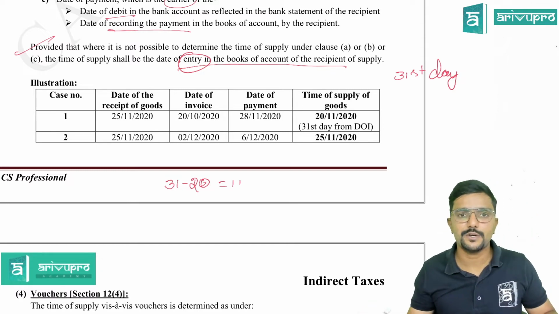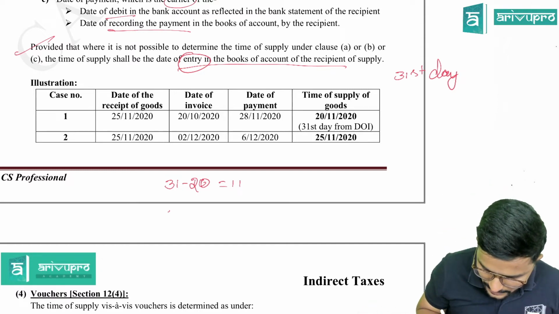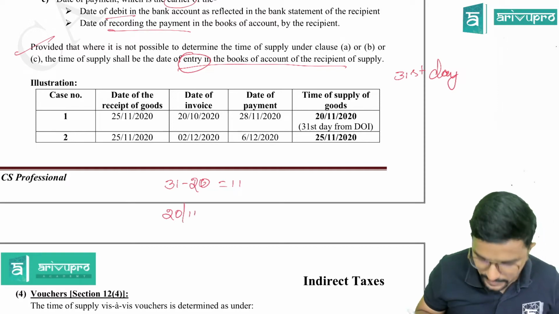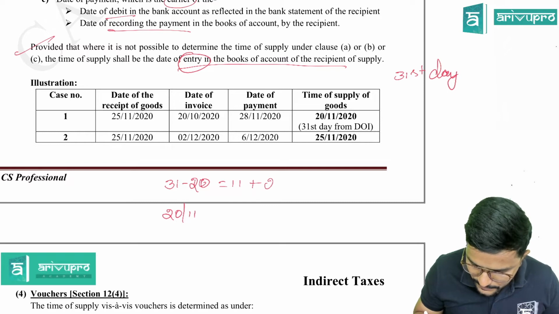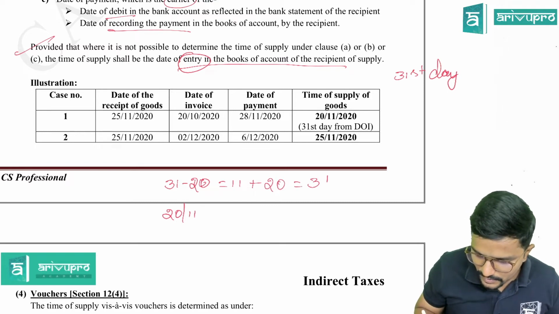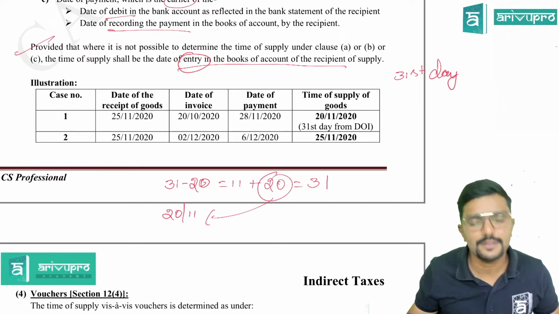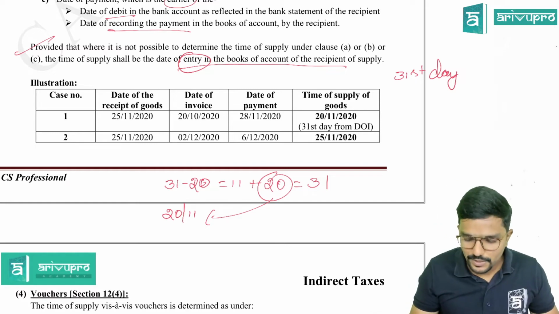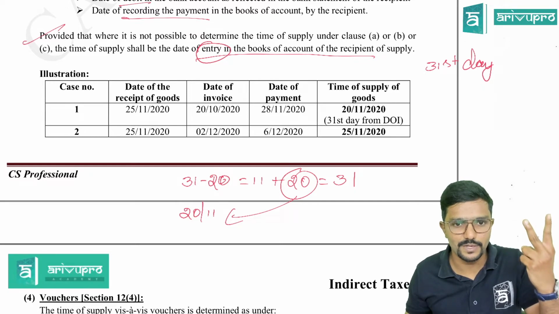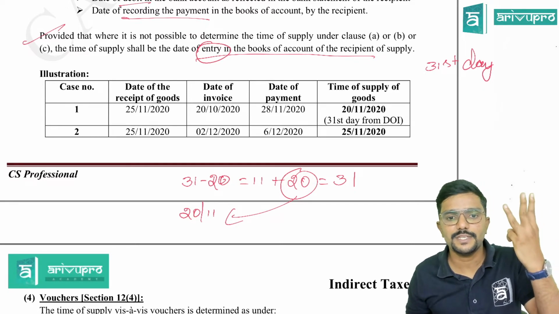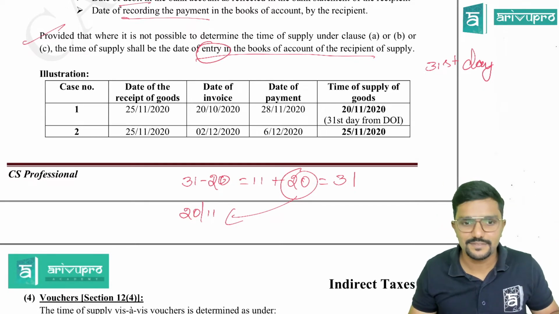So I still need 20 days to become 31. So I need to take 20th November. Now 20th November is the 31st day. Goods are received on 25th November. Then the date of payment is 28th November. Which is earlier?